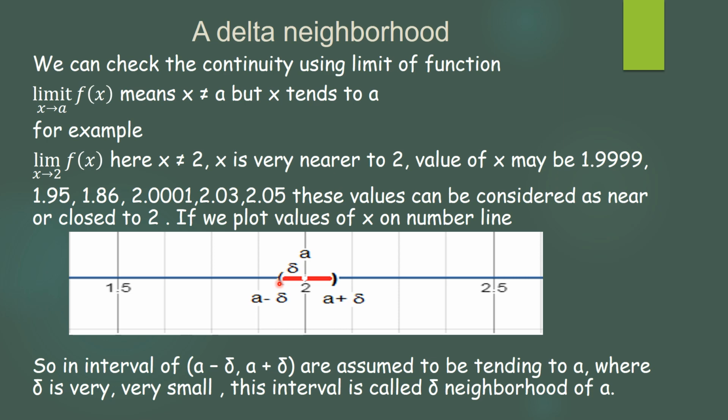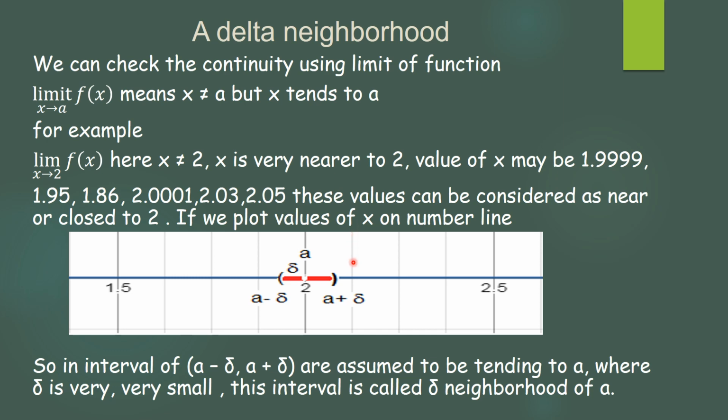This interval from a minus delta to a plus delta is considered as tending to a, where delta should be very, very small, and this interval is called a delta neighborhood of a, because the values we are considering in this interval are extending towards the value a.